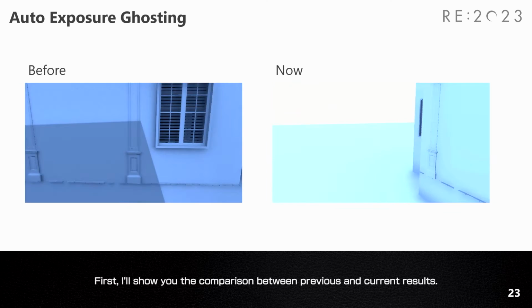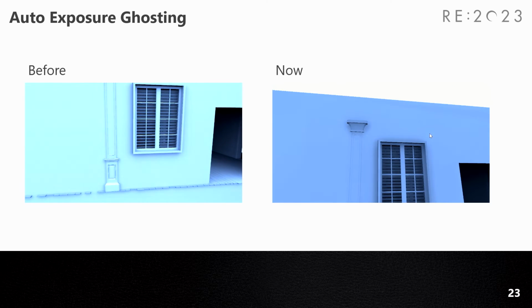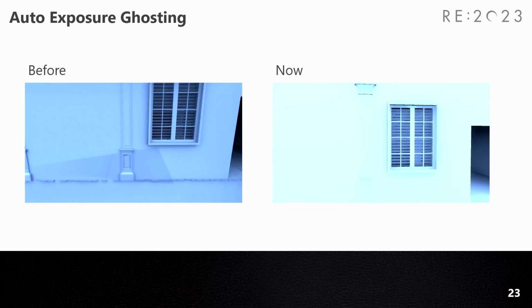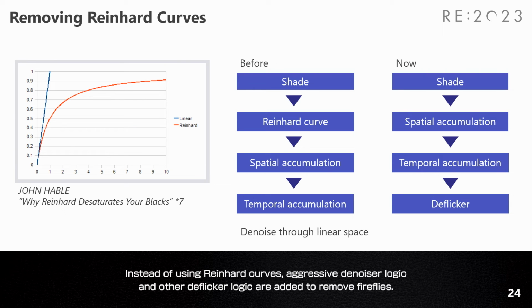First, I will show you the comparison between previous and the current results. Instead of using Reinhard curves, aggressive denoiser logic and other deflicker logic are added to remove fireflies.